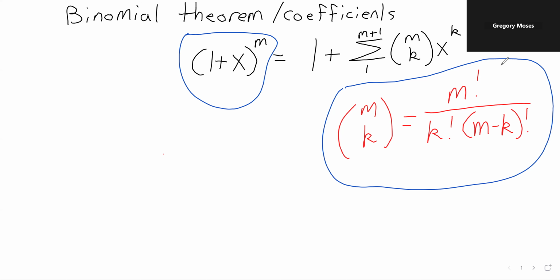What will happen here if we hit this with the Taylor series is that past a certain point, all of our terms are going to be zero. So the infinite Taylor series will turn into a finite sum.